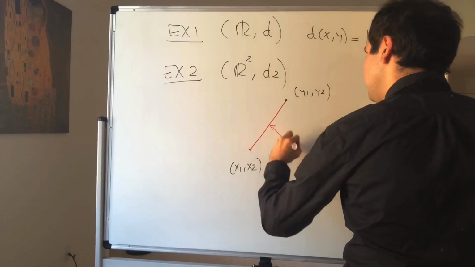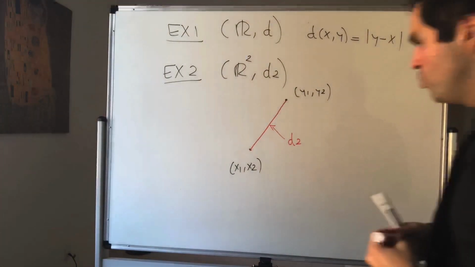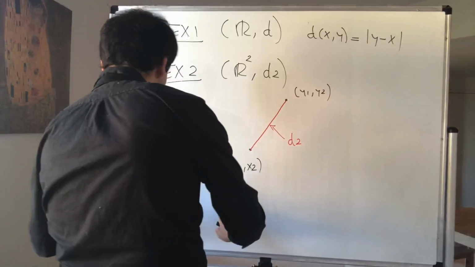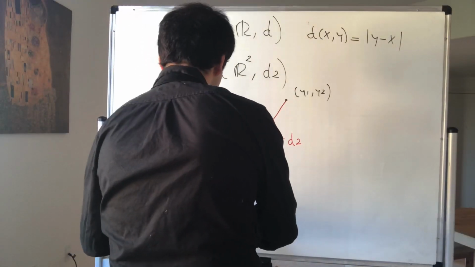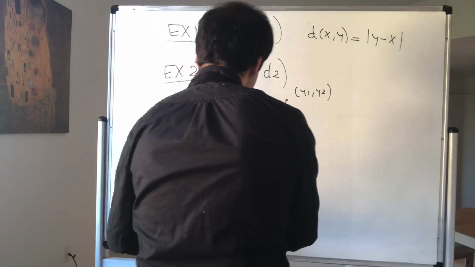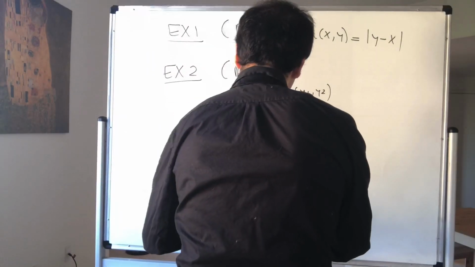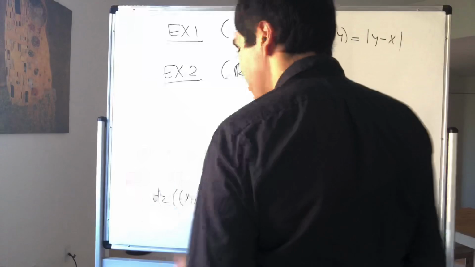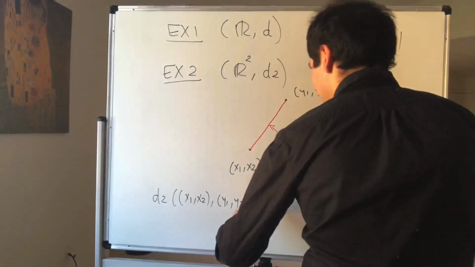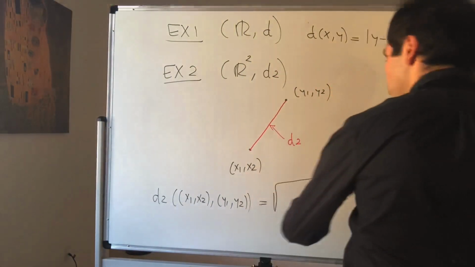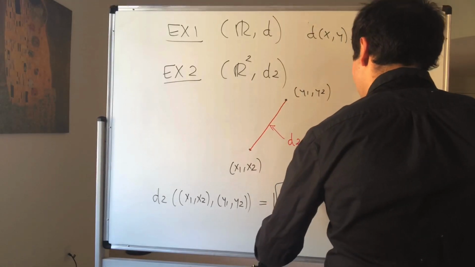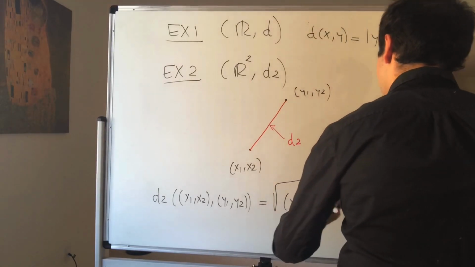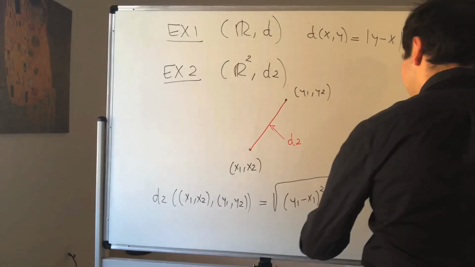So this is d2. d2 between (x1, x2) and (y1, y2) is just the square root of the sum of squares: the square root of (y1 minus x1) squared plus (y2 minus x2) squared.